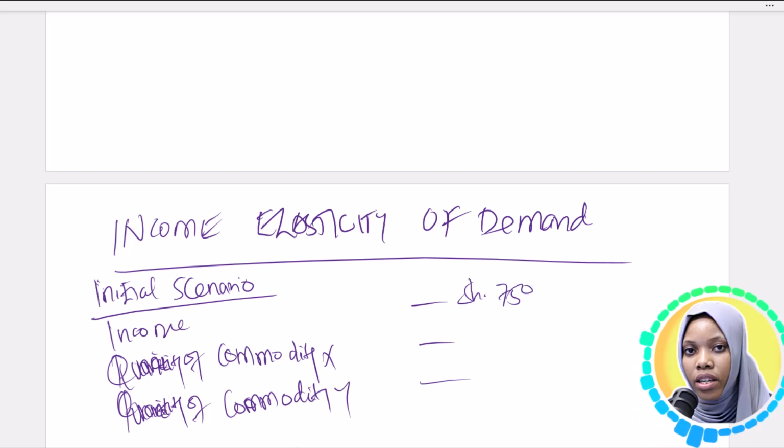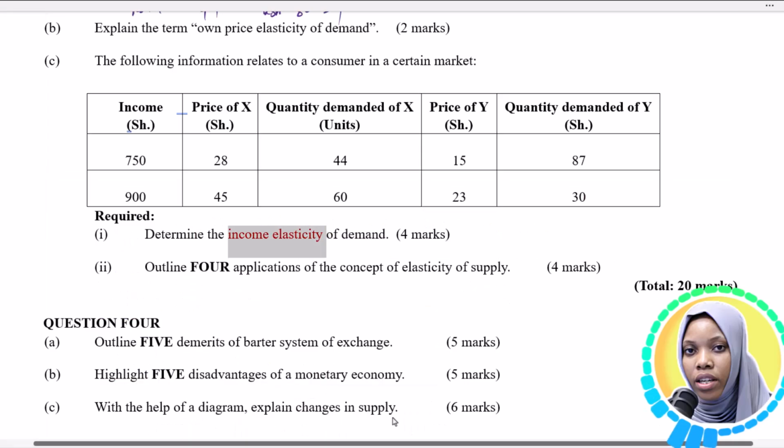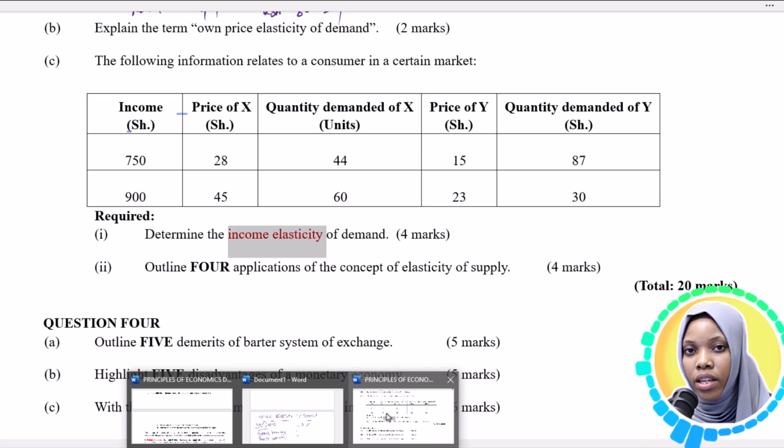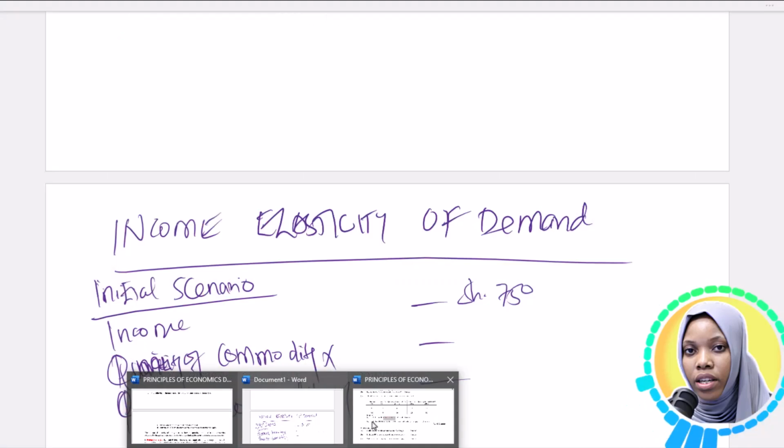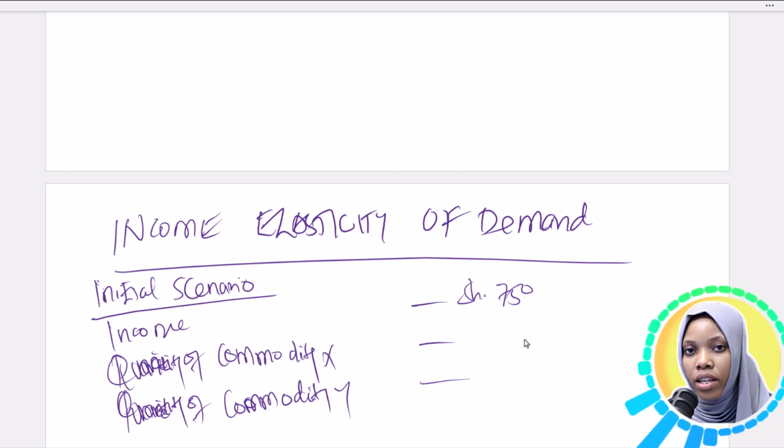Then our quantity of X is 44 and that of Y is 87. So we have 44 units and 87 units.